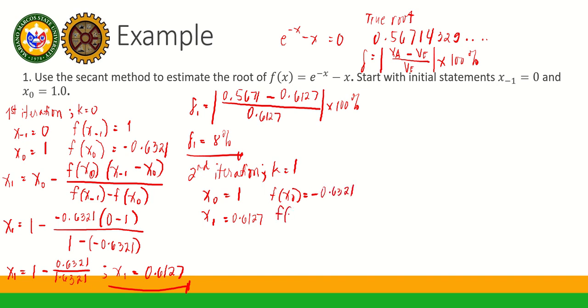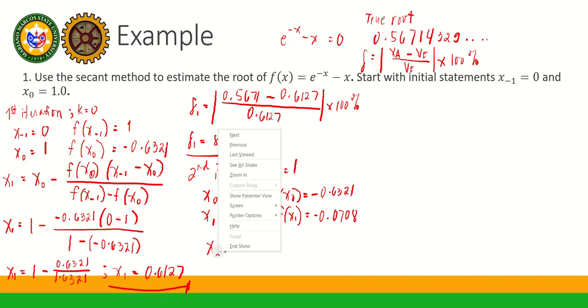For our f of x sub 1, so plug natin si 0.6127 dito sa ating function. So if we plug this one to our function, we will get negative 0.0708.